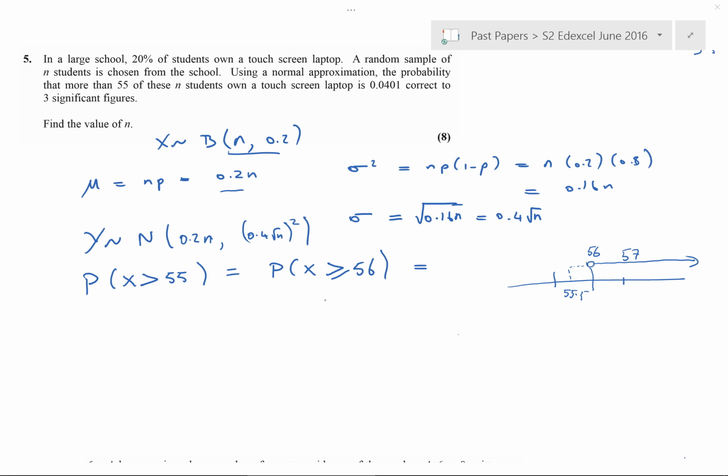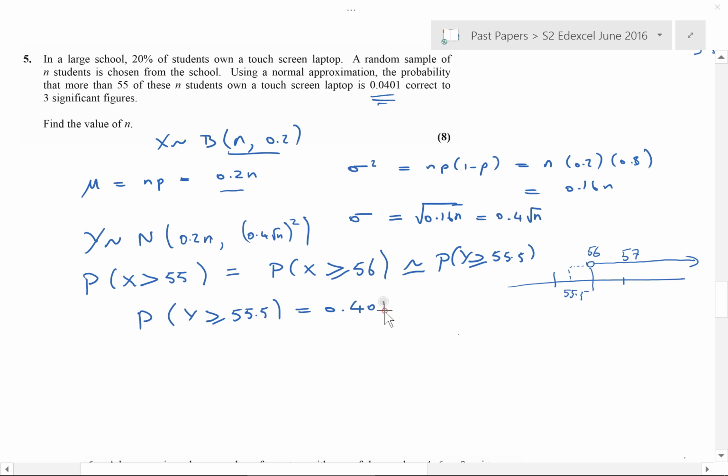So it's approximately the probability of Y being greater than or equal to 55.5, and that's what we're actually given. We're told the probability Y is greater than 55.5 equals 0.0401.